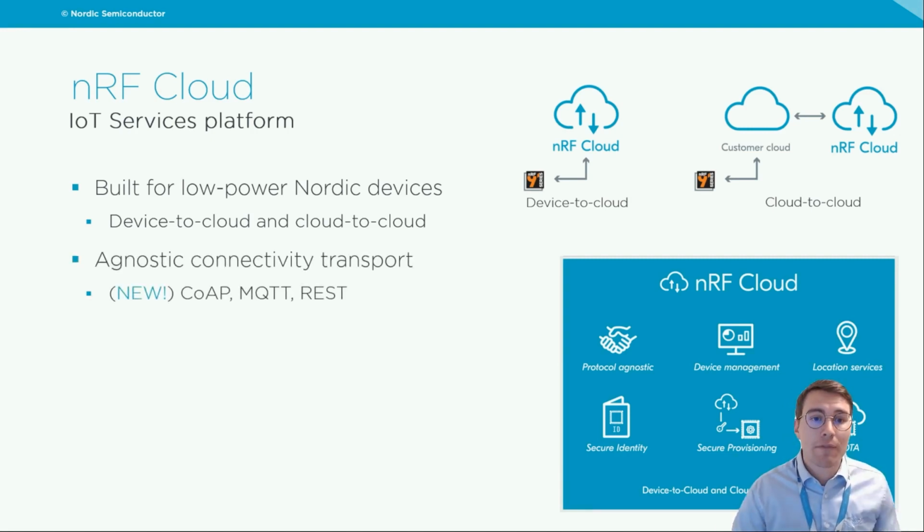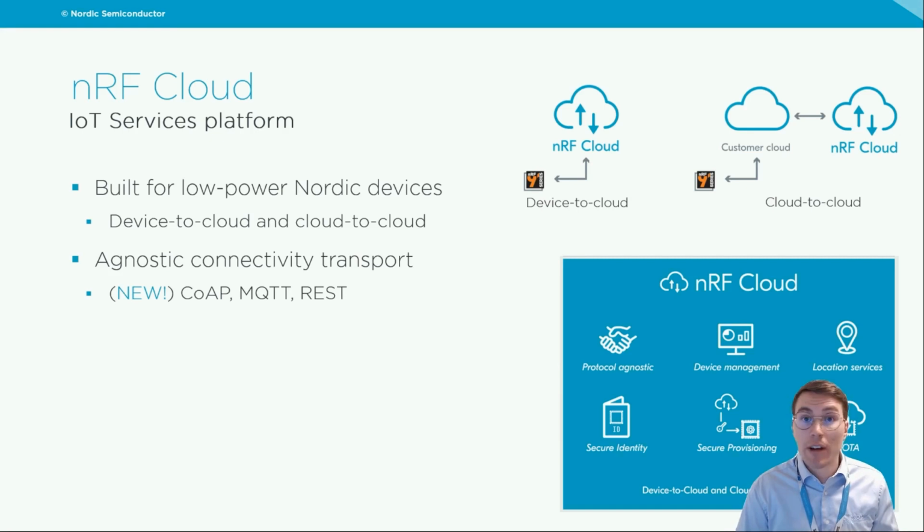And we have different connectivity transports. We support MQTT, REST, and we are introducing CoAP. CoAP is a UDP-based protocol, which makes it perfect for low power devices. And also it works both for LTE-M and NB-IoT, whereas MQTT and typical TCP based protocols can have some struggles running on the NB-IoT technology.